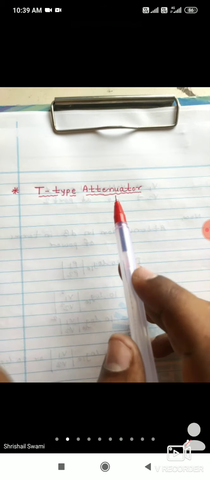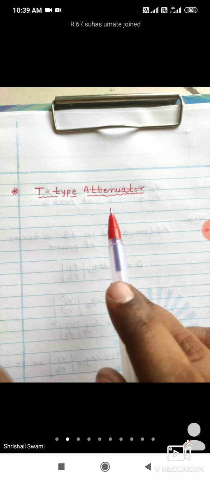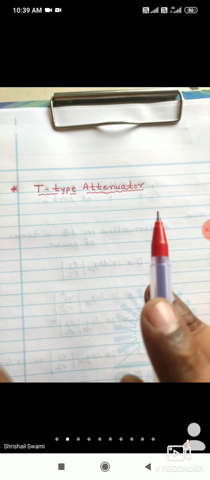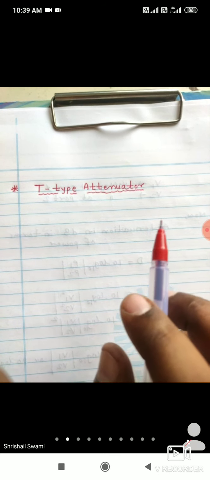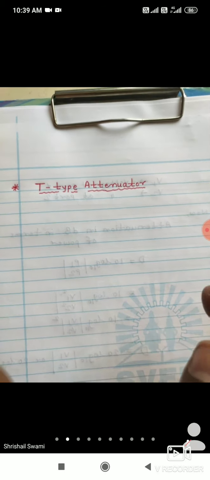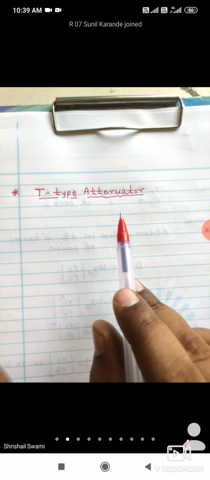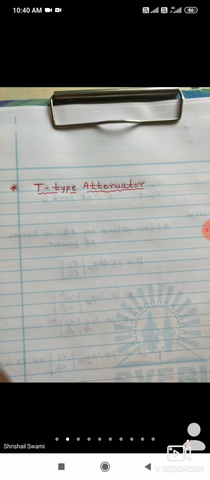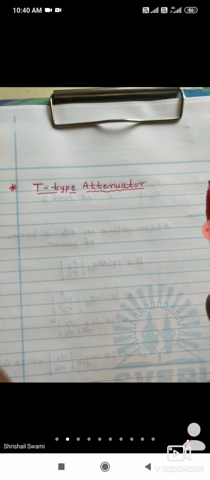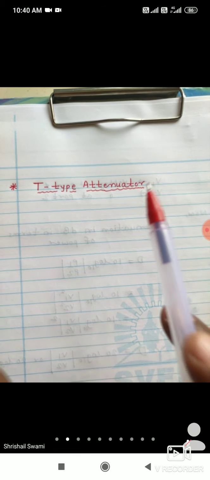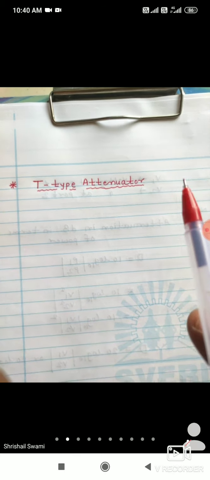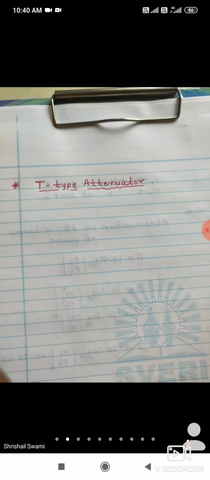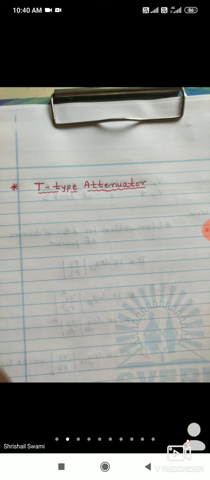Similarly, as we already learned the filter part, all passive filters are designed with reactive elements, that is L and C, but attenuators we are going to design with the help of a resistive network. Now only resistors are required to design any type of attenuator, that is T type, pi type and lattice. So only a resistive network is required.